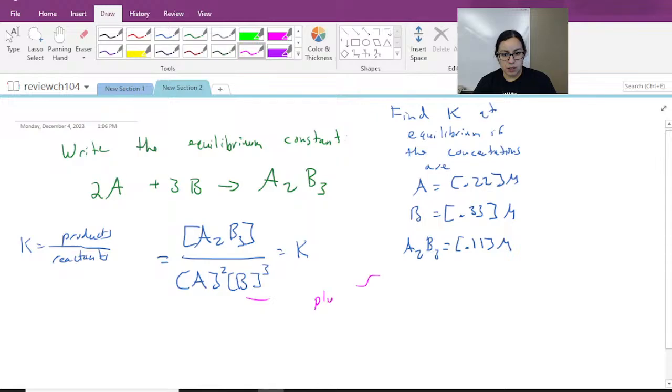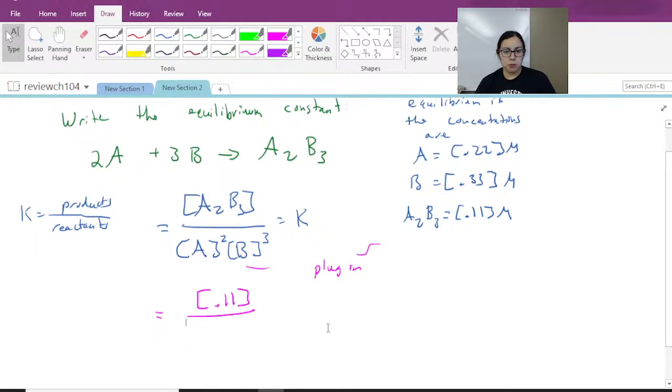So now plug in. So we have 0.11 over this 0.22 squared times 0.33 cubed.